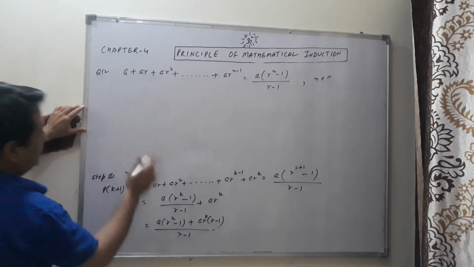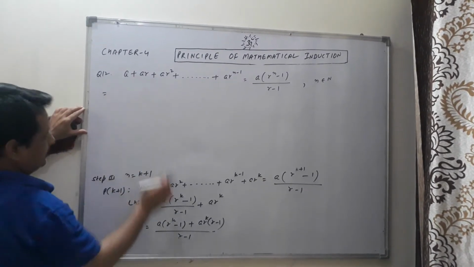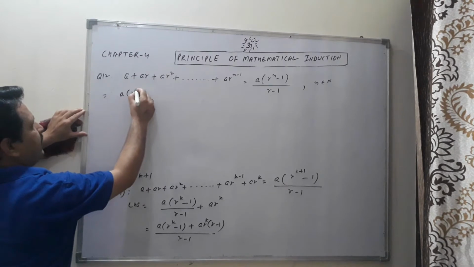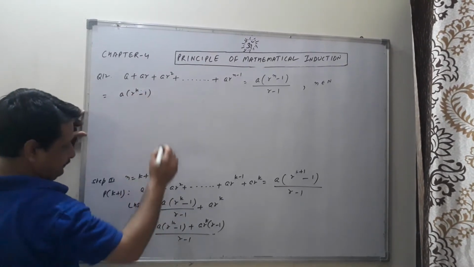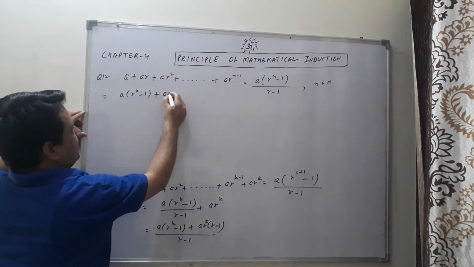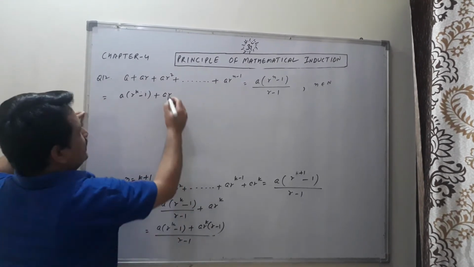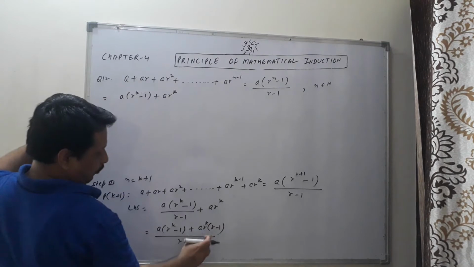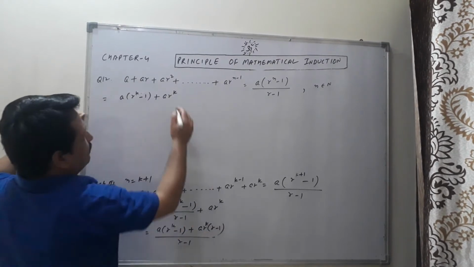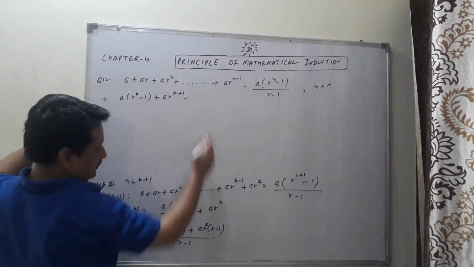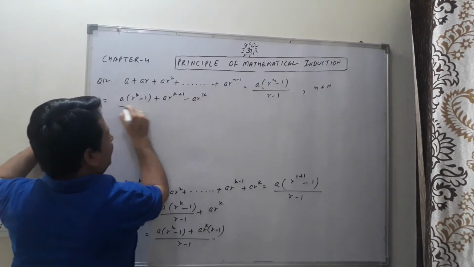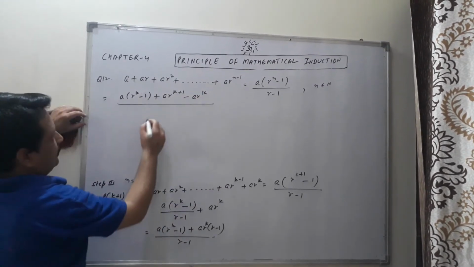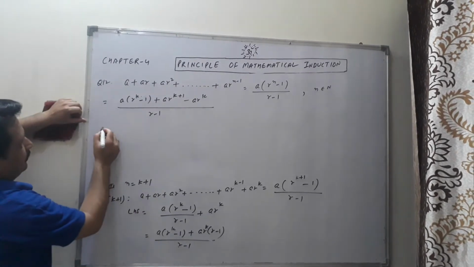So here, students, this is A into R to the power k minus 1 plus AR to the power k. When you multiply here by R, it will come as AR to the power k plus 1 minus AR to the power k, upon R minus 1.